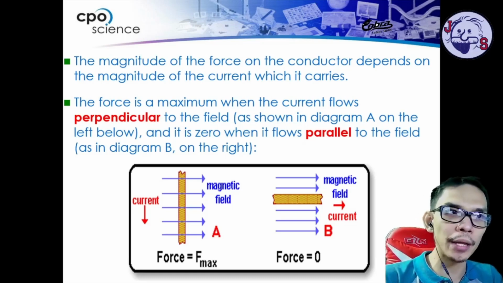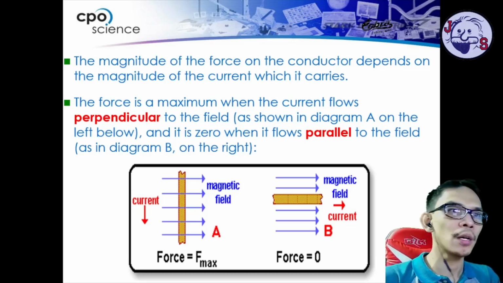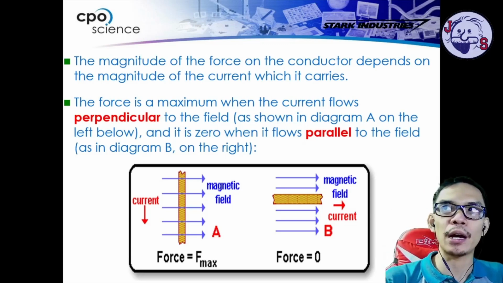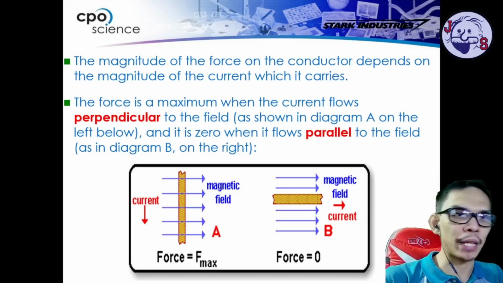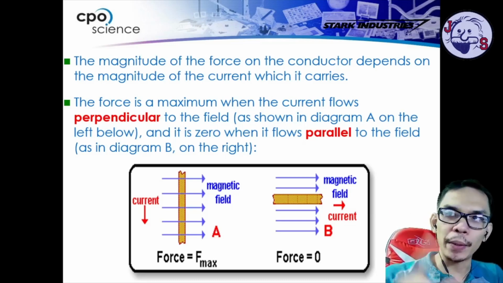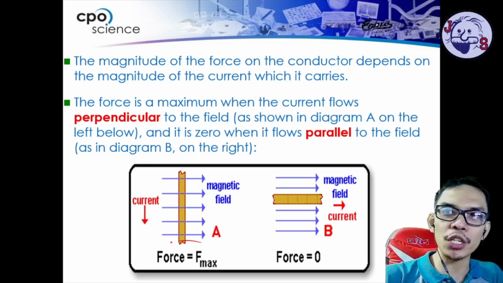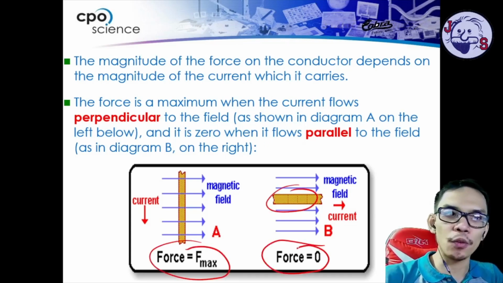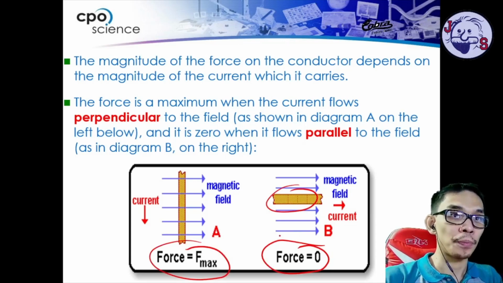The greater the current, the greater the magnitude of force. As we said earlier, it is about the placement of the wire over the magnetic field. If it is perpendicular, you will achieve magnetic force. If it is parallel, the force is always equal to 0.